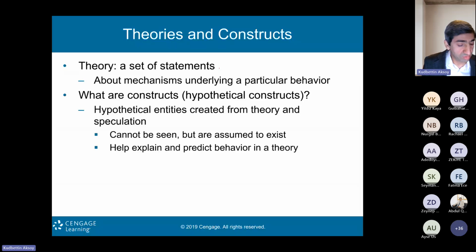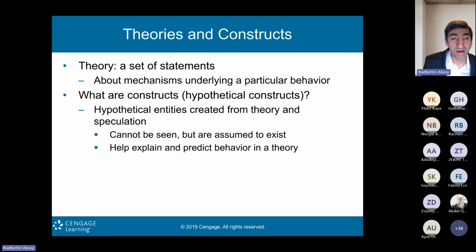We have a theory about cognition. Why? Because we would like to describe how an elementary school child's thinking differs from a middle school child's. And hence, you have a theory. The purpose of a theory is to understand, to explain, and then to predict.